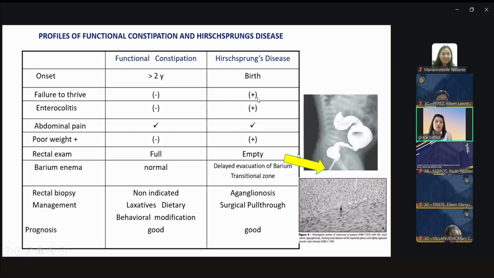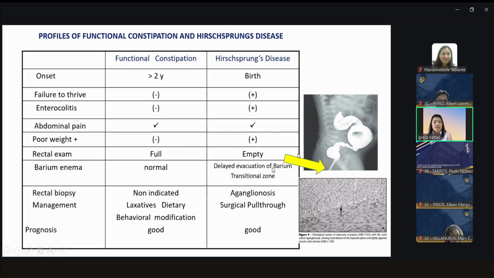There is failure to thrive, meaning non-weight gain, in Hirschsprung's disease, but functionally constipated patients may still be gaining weight. Enterocolitis is high in Hirschsprung's disease. Both may have abdominal pain because of distension. So poor weight gain for Hirschsprung.